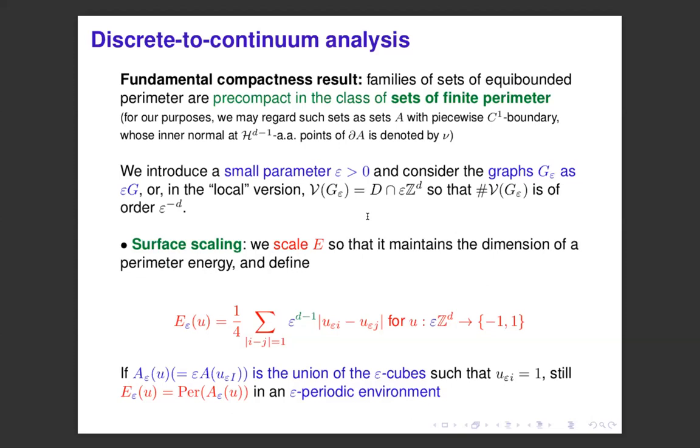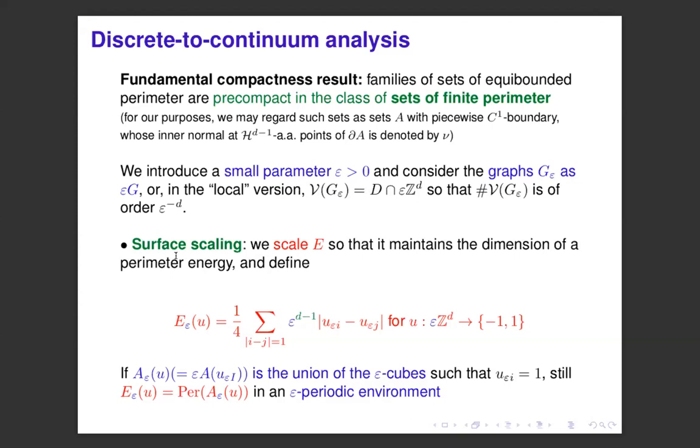So now instead of having directly the number of nodes diverging, we introduce a small parameter epsilon and scale the graph. So now the graph is just a scaled version of Z^d. And if you want, the local version is when you intersect this scaled Z^d with the same fixed domain D, so that the number of vertices diverges like epsilon to the minus d.